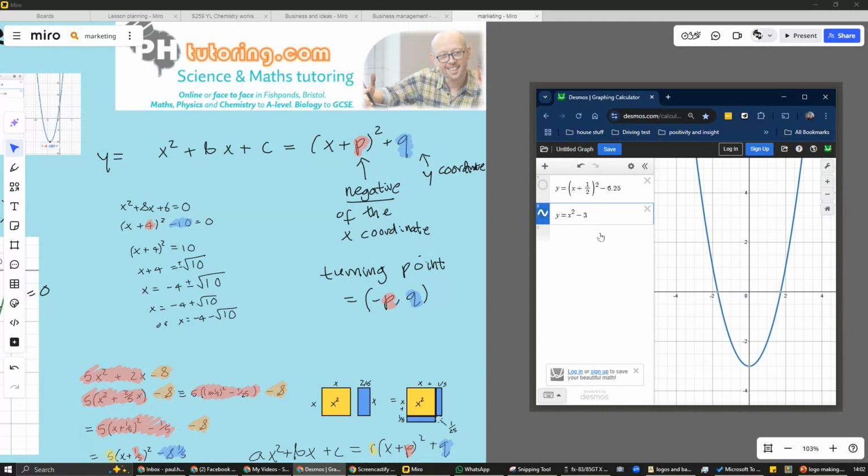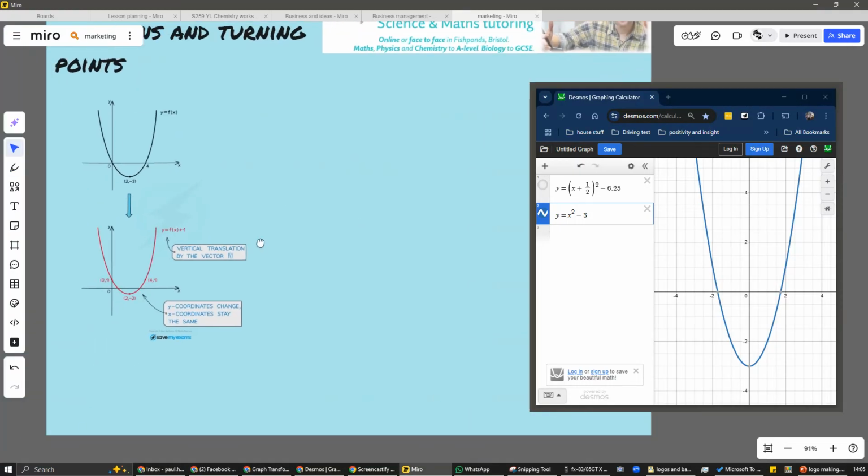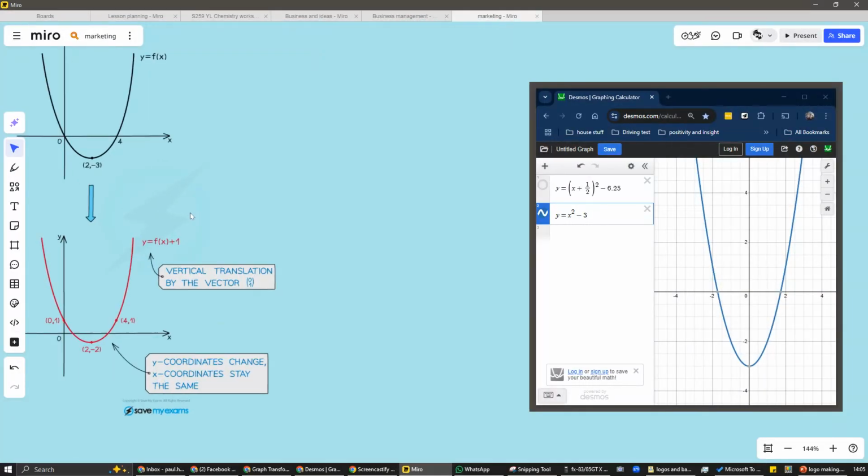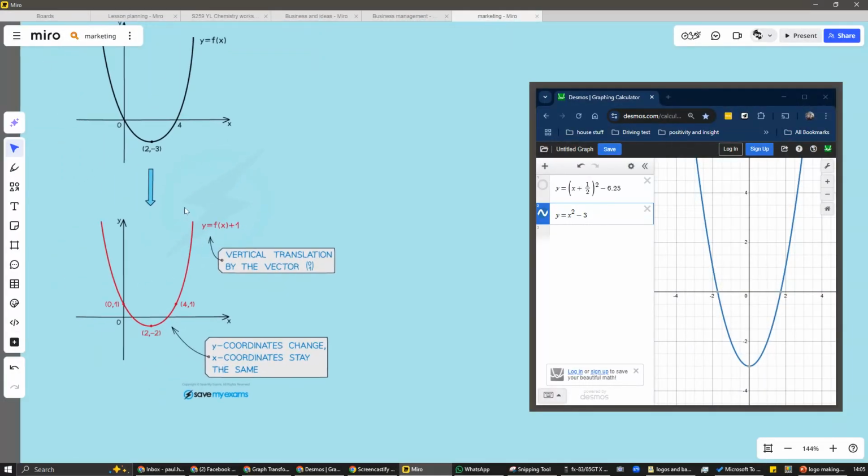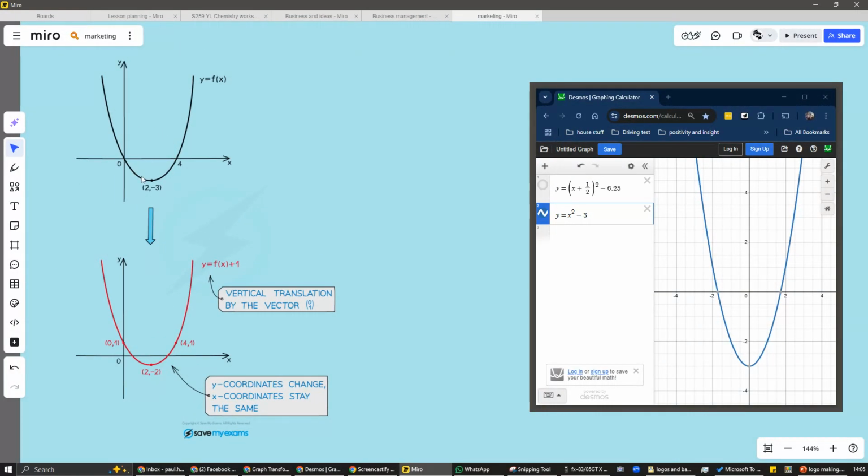So when we did transformations of functions, you find that, maybe I'll do this on a separate frame. Basically, if we have any sort of graph, and then we add 1, it lifts up by 1. So for example, if I had x squared and I add 1, it goes up by 1.